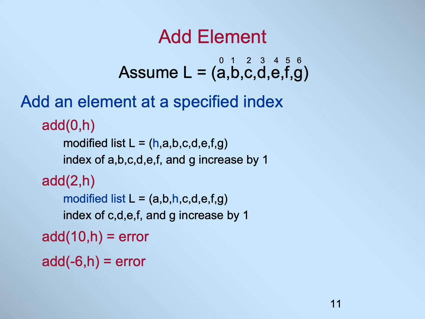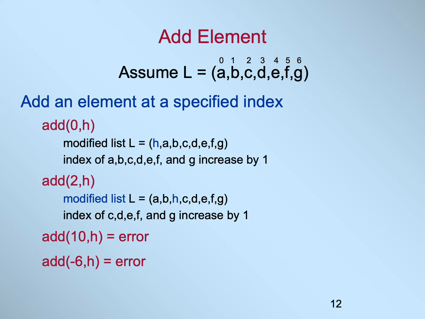So if we write add(7, H), that will not give us an error because index 7 is after the letter G. But if we try to add at index 8, it will still give us an error because there is no index number 7 yet.